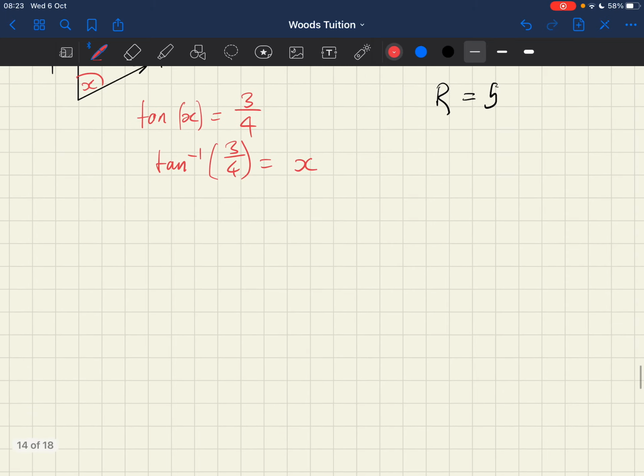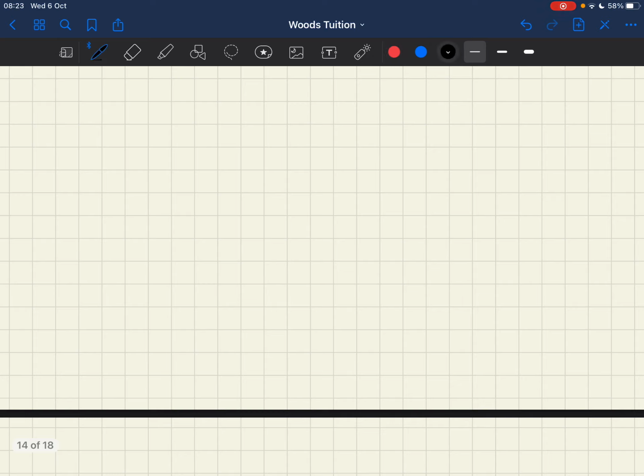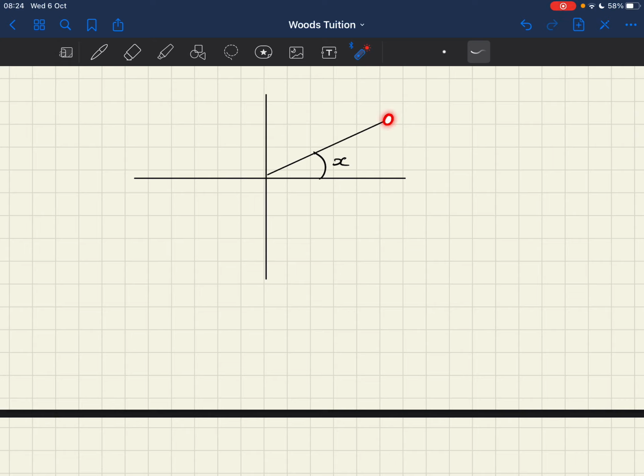Whenever we're talking about resolving things to the horizontal or the vertical, if we have a grid and we have something at an angle of x, then to find the horizontal component, let's say this has a magnitude of 5, all we would do is 5 times the cosine of x.